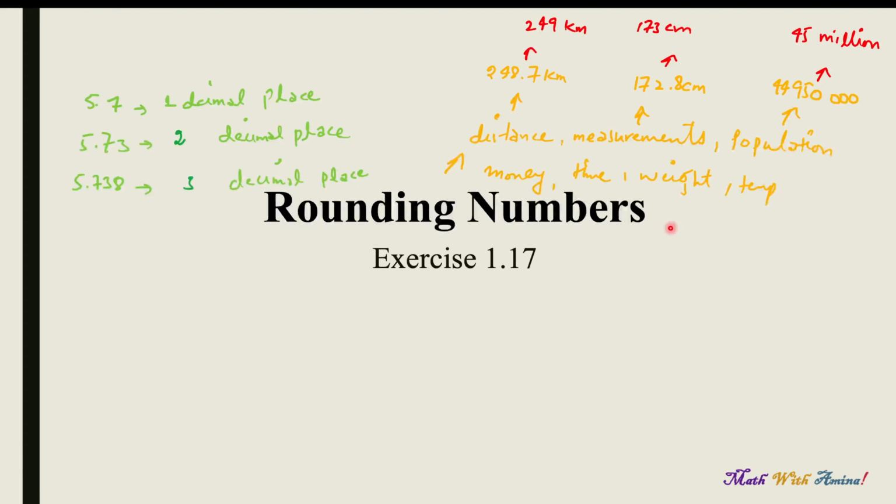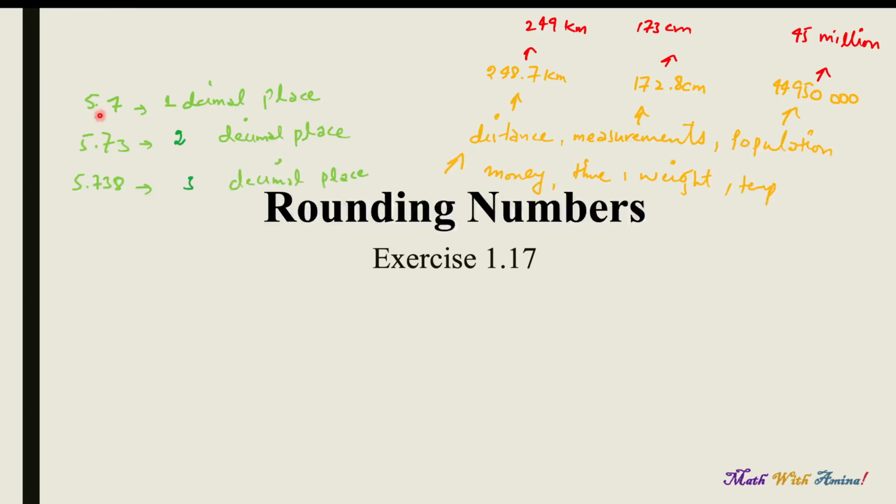Every digit has a specific position, such as units, tens, hundreds, and thousands. When we talk about decimal places, which we use especially when rounding numbers, we are referring to the number of digits after the decimal point.